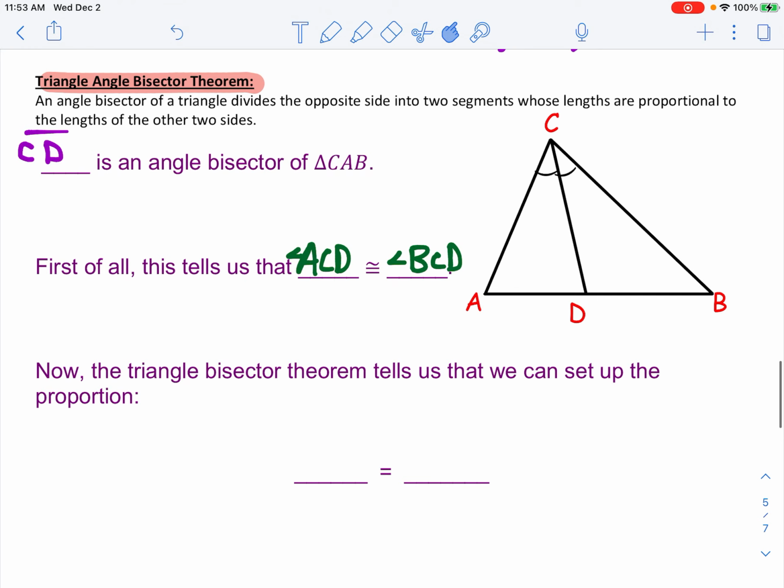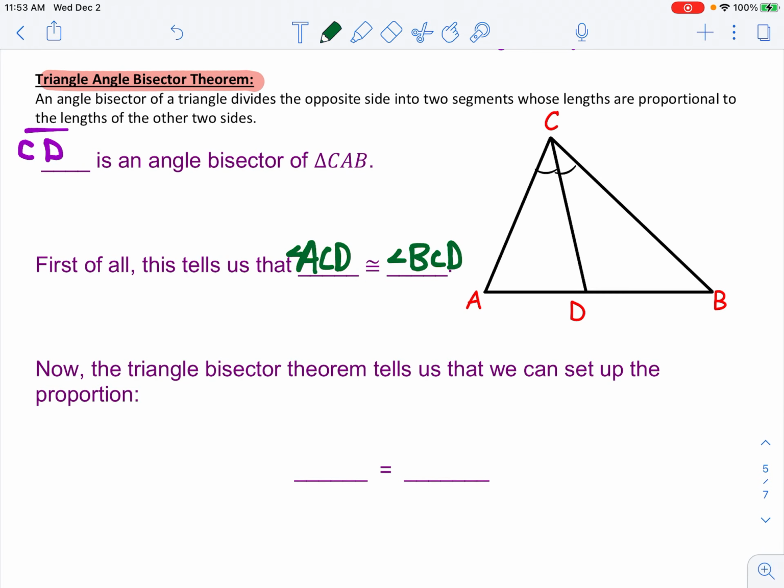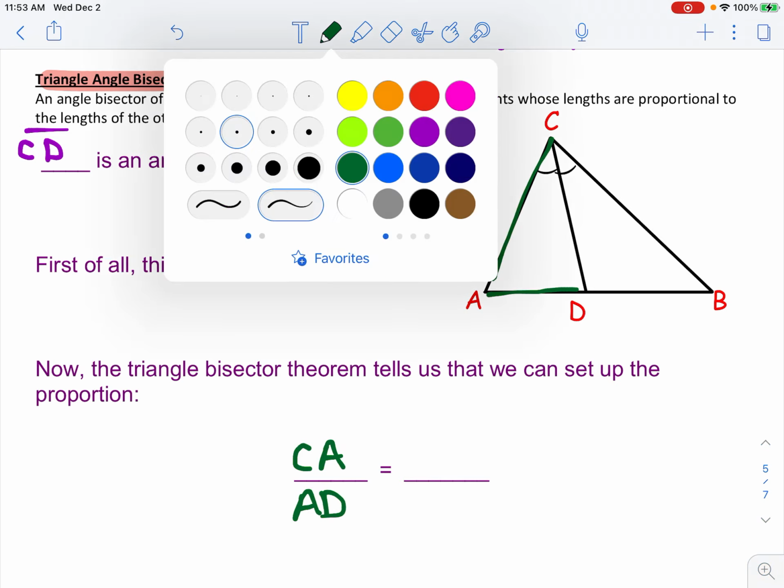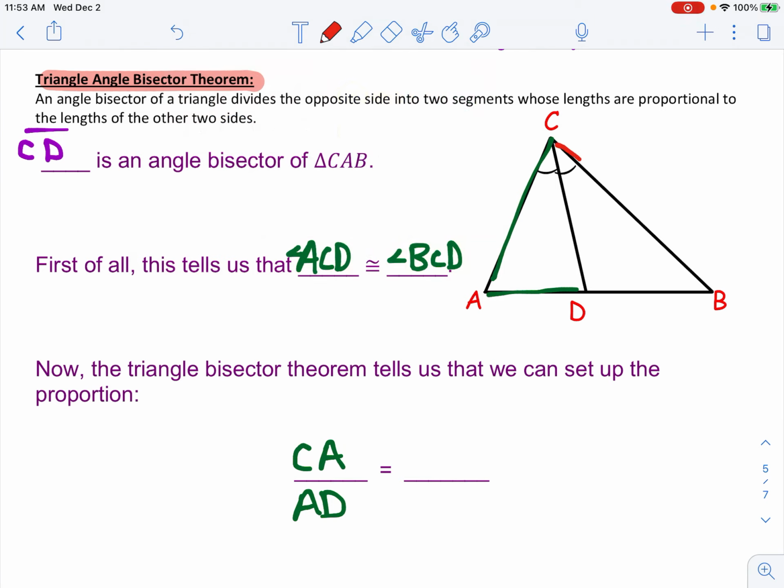Now, the whole thing with this will be to stay with a pattern. So, for example, I could do side CA, the left side of the triangle, over AD, the bottom part of the triangle. And if I stay with the pattern for the other one, I would do CB over BD.